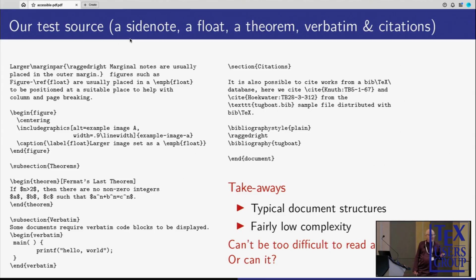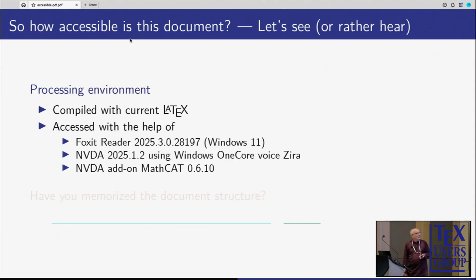So what we did, we processed it with LaTeX. We used a screen reader for PDF, Foxit in that case. We used NVDA for speech generation under Windows, and we used an NVDA add-on to have the mathematics being read. That's the tool set we used.